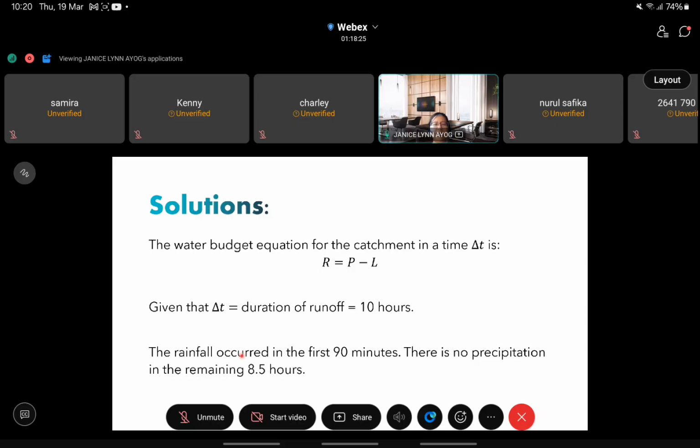The rainfall occurred in the first 90 minutes. There is no precipitation in the remaining 8.5 hours. Rainfall only happens in the first 90 minutes or 1.5 hours. Then the rest is dry. But the runoff actually extends to 10 hours.